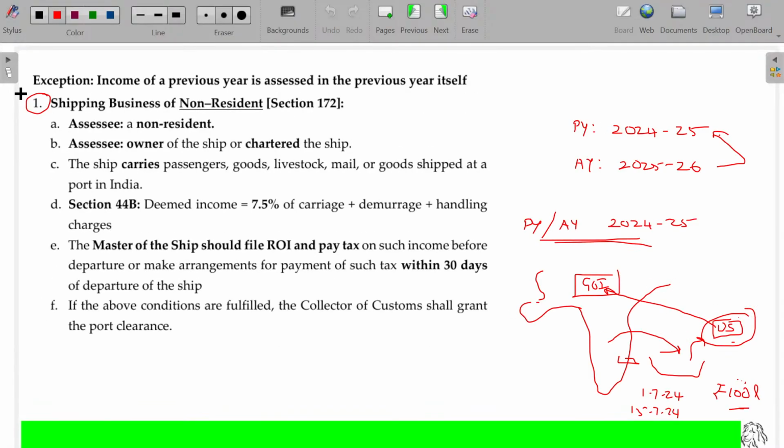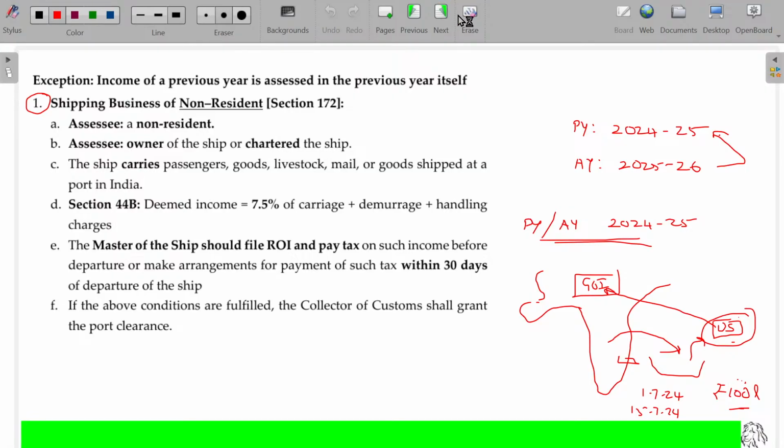First situation: some foreign businessman comes with his own ship to India, and he charges some carriage charges from Indian people, and for that he has to pay the tax in India. Then catch him and collect the tax immediately after he gets it from India, before he leaves India. Similar situations may happen.